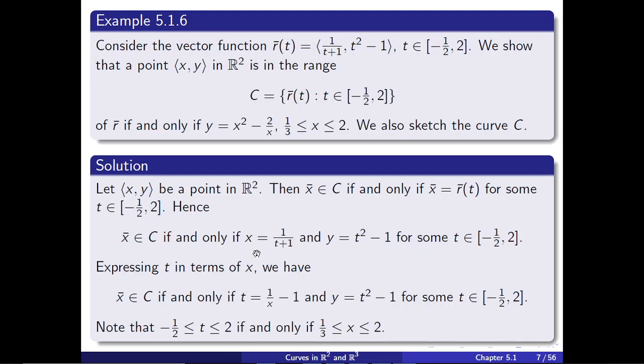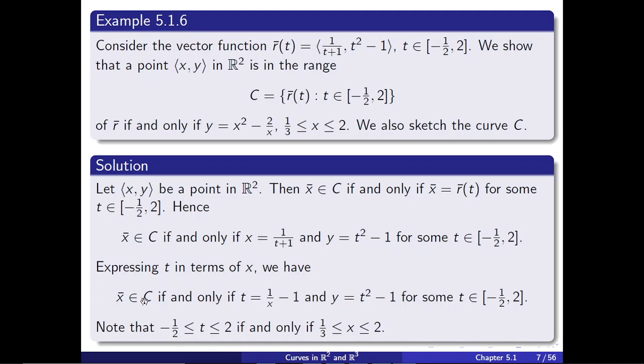What it means is the first component is equal to 1 over t plus 1, and the second component is equal to t squared minus 1. So if we express t in terms of x, we can see that it's easier to express t in terms of x as opposed to expressing t in terms of y.